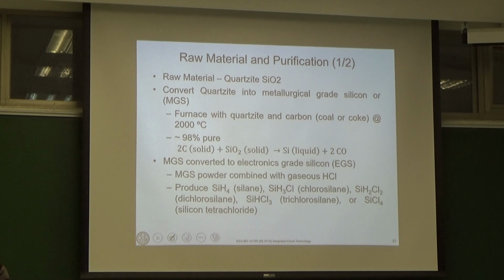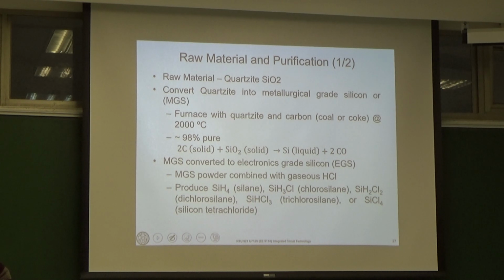Now we will introduce how we fabricate the silicon wafers. So the raw material, which means we use coarse material, silicon oxides, because it's a natural form from our Earth.